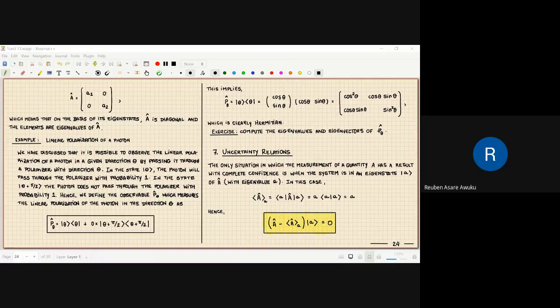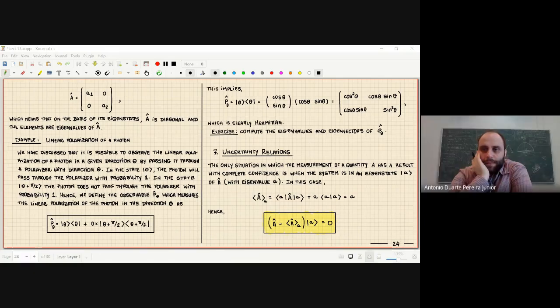Please, can you repeat the explanation on the linear polarization, especially the probability 1 and the probability 2? Yes. So I'm saying that I want to write an operator, which is a 2 by 2 matrix. And this matrix will be an observable that tells me the following.